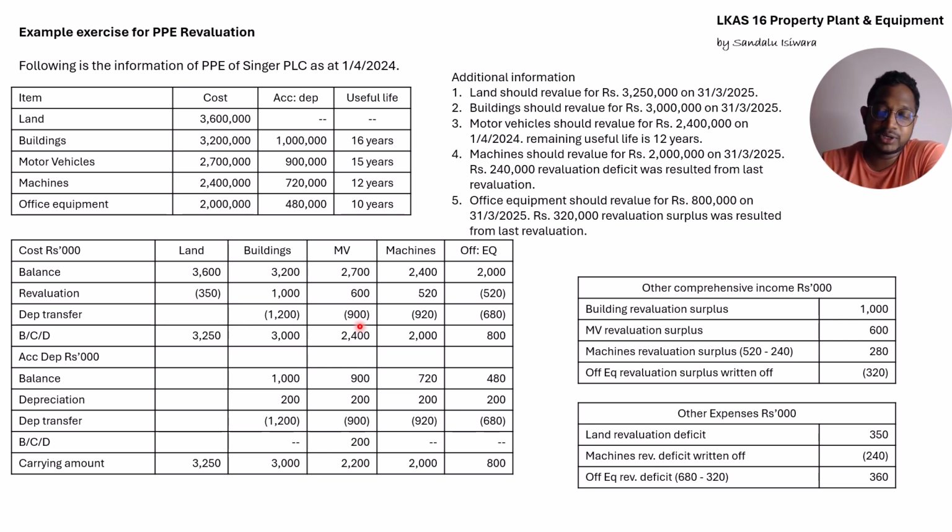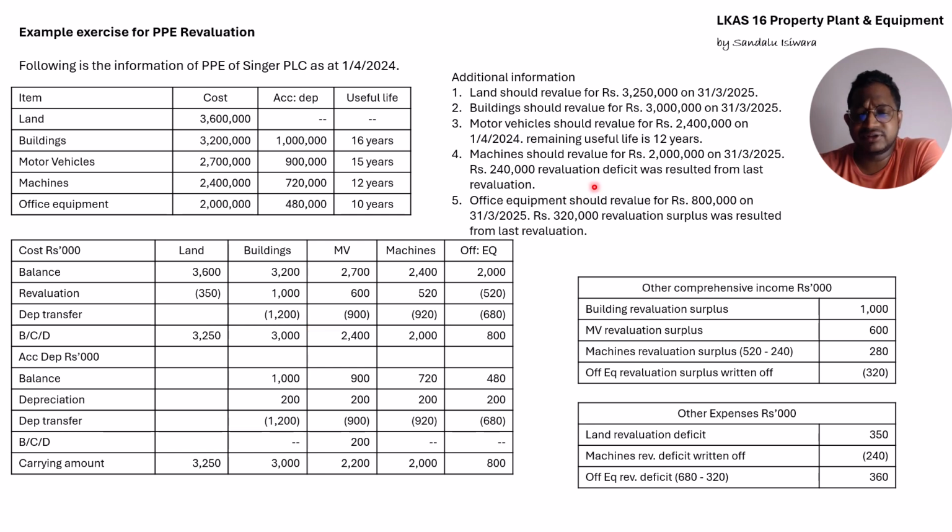So here, 1800 worth of motor vehicles, you are revaluing for 2400. From that, it generates a 600 revaluation surplus, and you have to record that in other comprehensive income. Then you have to find the depreciation based on the new values.